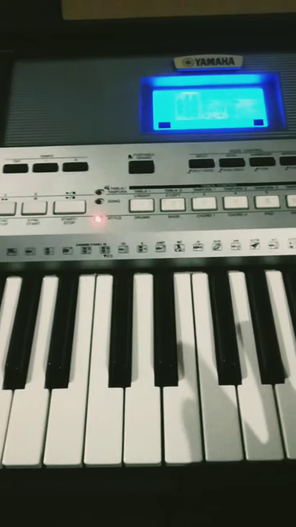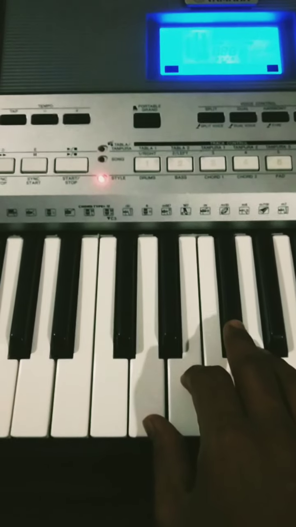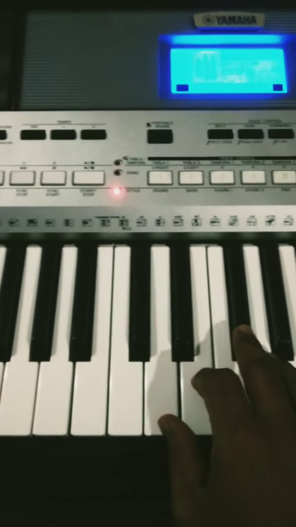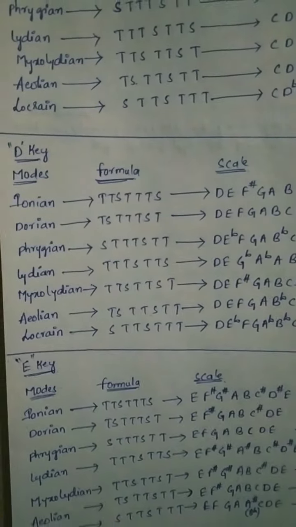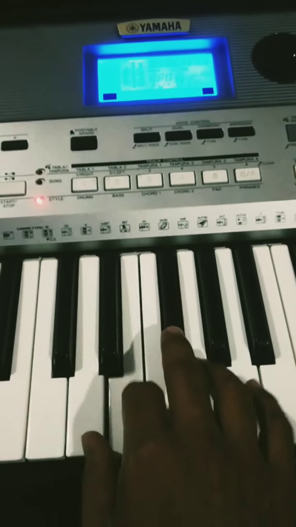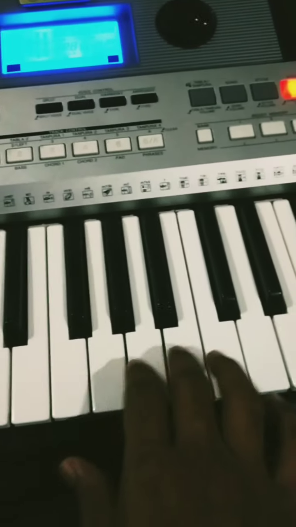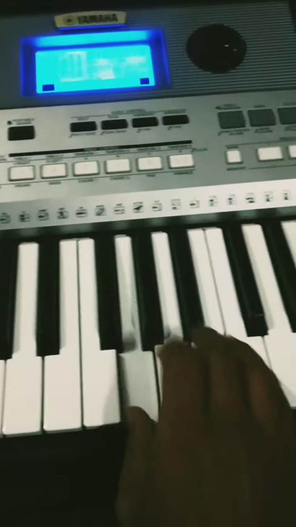For example, if we use the same formula to find the modes of D key, the Ionian formula is tone, tone, semitone, tone, tone, semitone, tone. This is the D major scale.